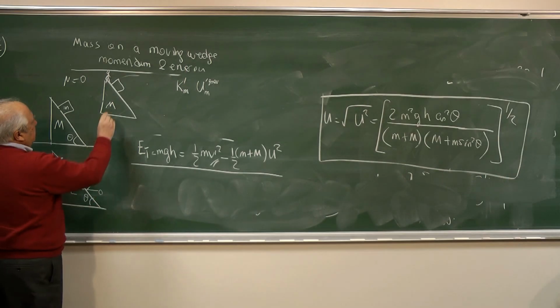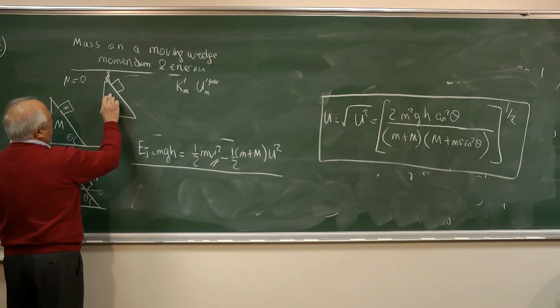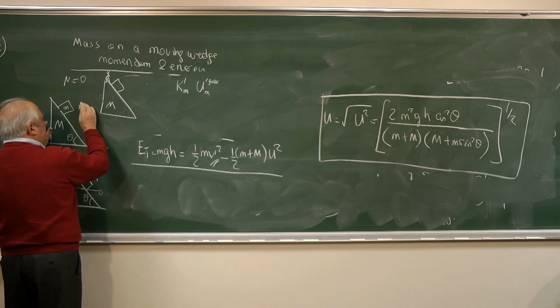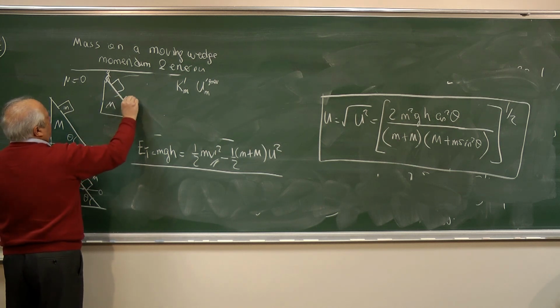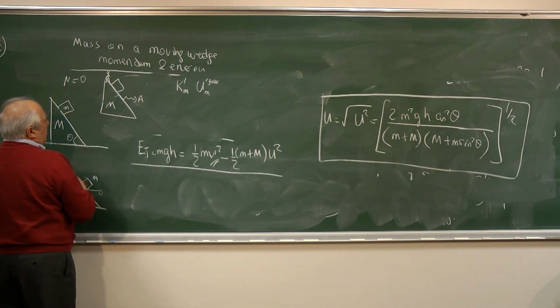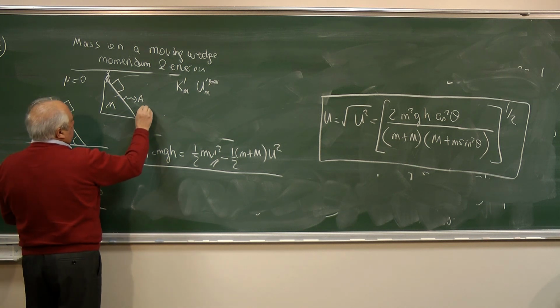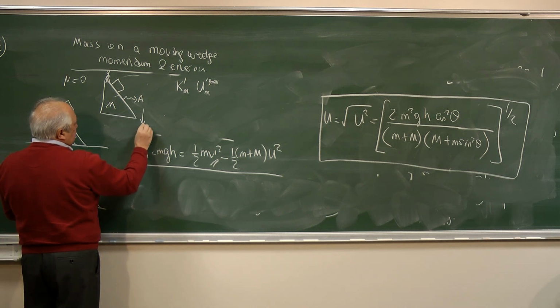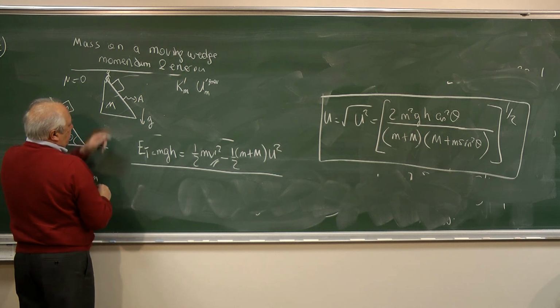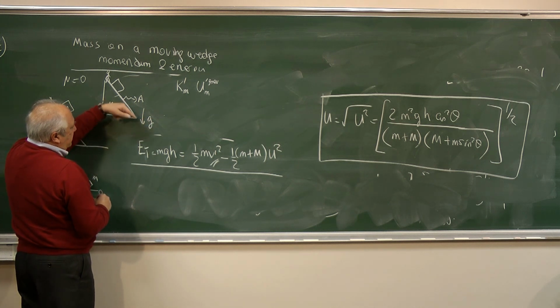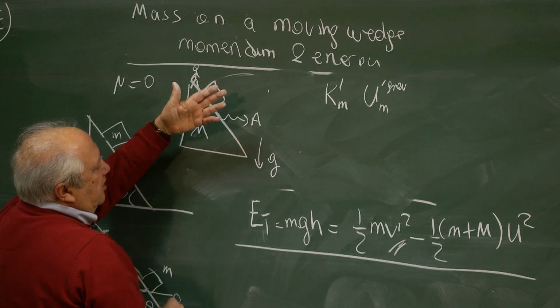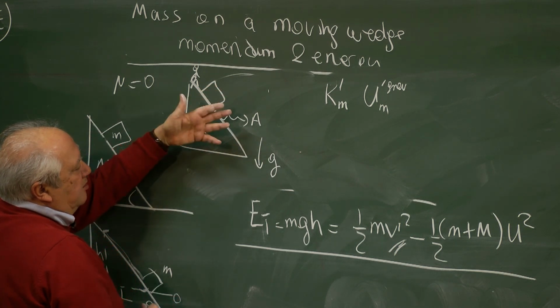However, remember, because you are on the wedge and the wedge is accelerating to the left with acceleration a, there is a force to the right by ma. So if the gravitational force is constant down with acceleration g, you associate with it potential energy mgh.